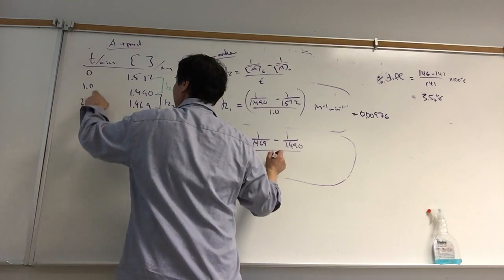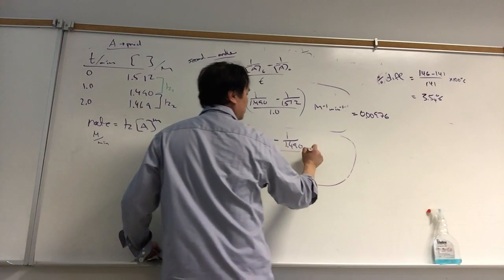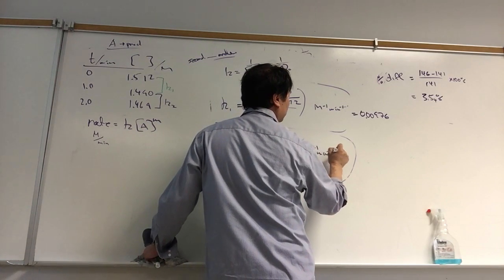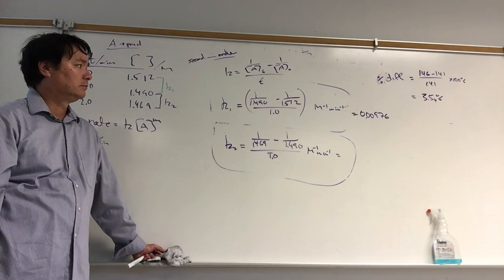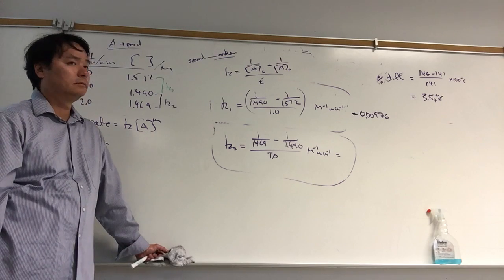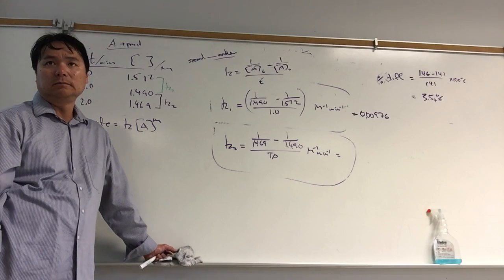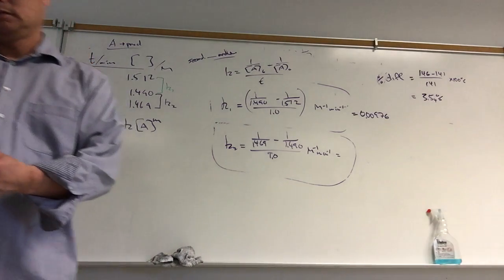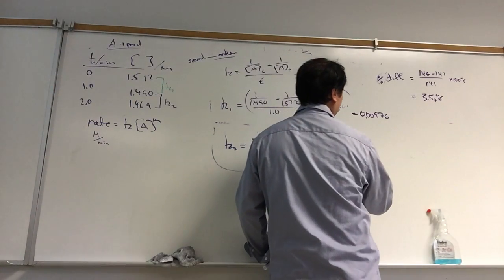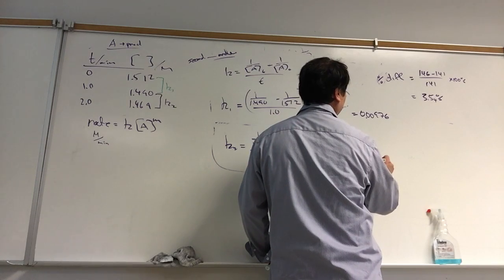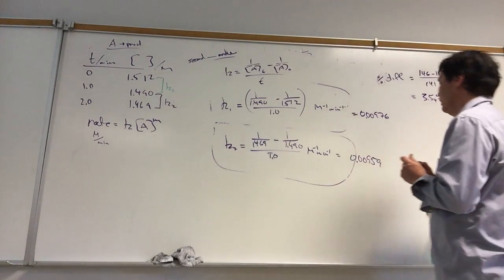And the time interval for this is 2 to 1, so it's just 1 minute. Units are the same, molar to the minus 1, minutes to the minus 1, which gives us 0.00959. You leave the decimal the same.